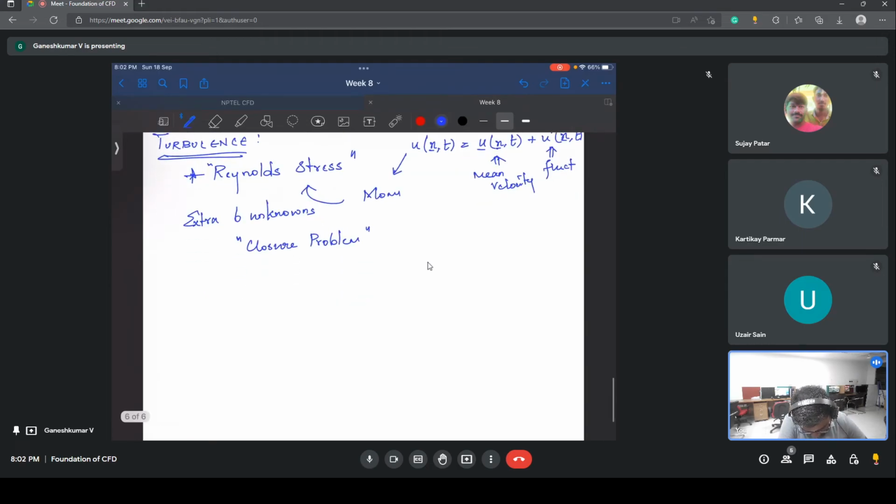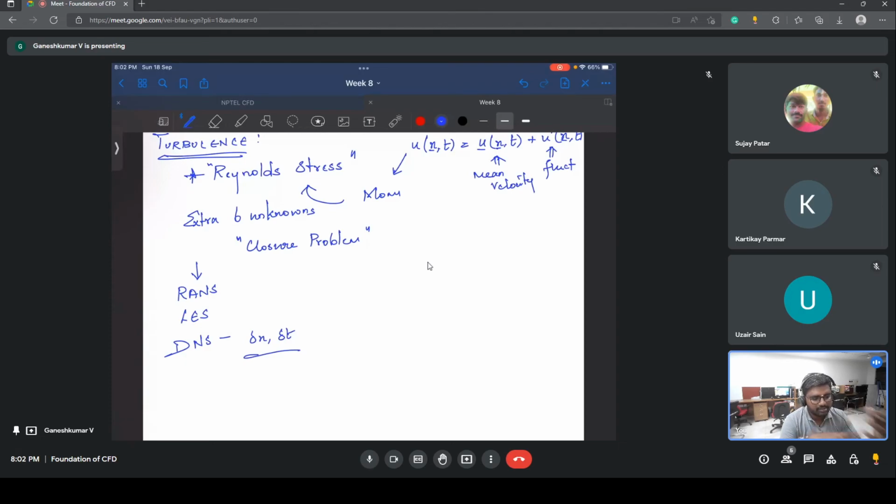We have a lot of methods: one is Reynolds averaged Navier-Stokes, one is LES, and another is DNS. DNS doesn't have any Reynolds stresses because it solves for very small delta x and delta t, so at this small scale there won't be any fluctuating quantity.